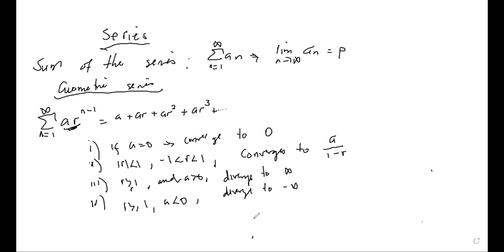And the last one is that if r is less than or equal to -1 and a is non-zero, then it will diverge. The only thing we know is that it diverges; we won't know whether it diverges to negative or positive infinity. We just say it diverges.